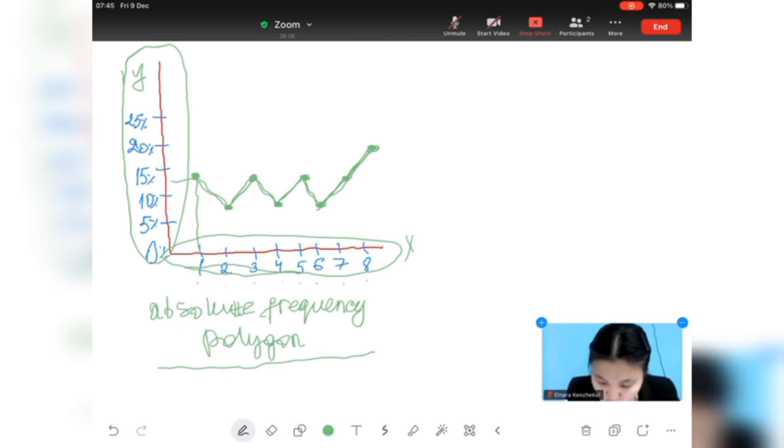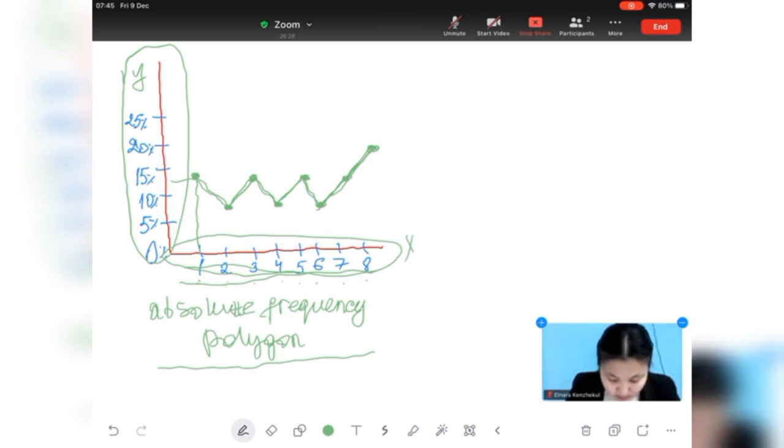Algorithm for drawing the polygon of absolute frequency. First, display the x variants on the x-axis, for example, here are variants 1, 2, 3, 4, 5.